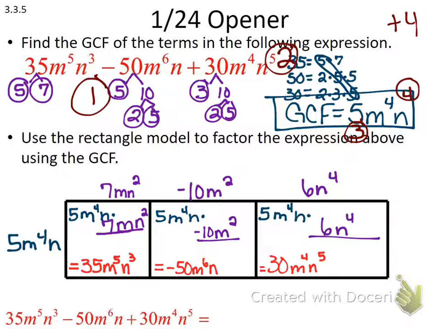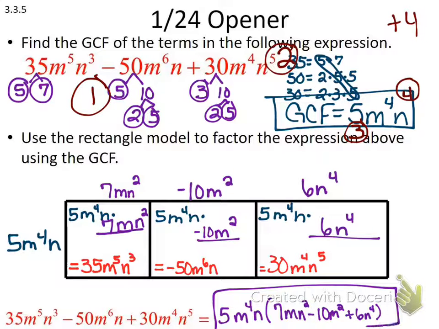So we have the total area equals 5m to the 4th, and then in parentheses 7mn squared minus 10m squared plus 6m to the 4th. And then close it and box it. Perfect. How'd you guys do on this?